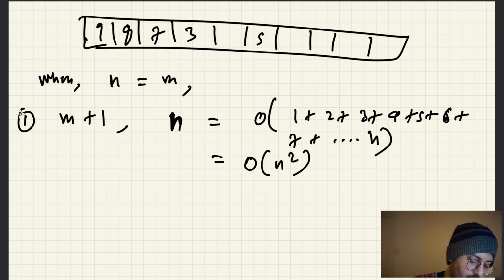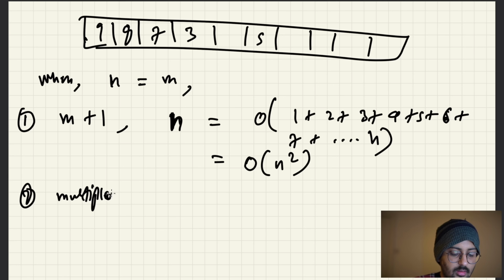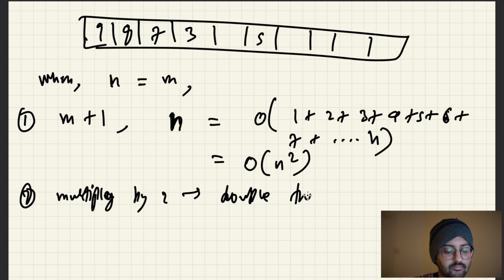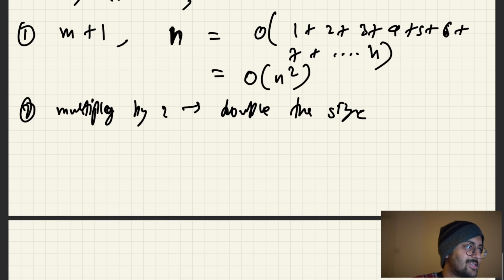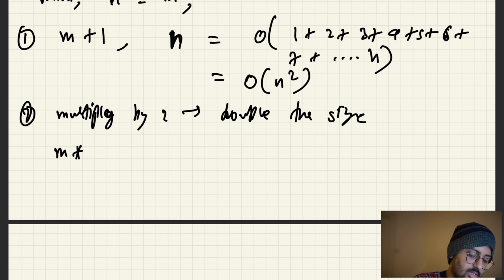So a better way to do it is to multiply by 2, which means double the size. Okay, so what do we mean by double the size? Size equals size times 2. Okay, table doubling.